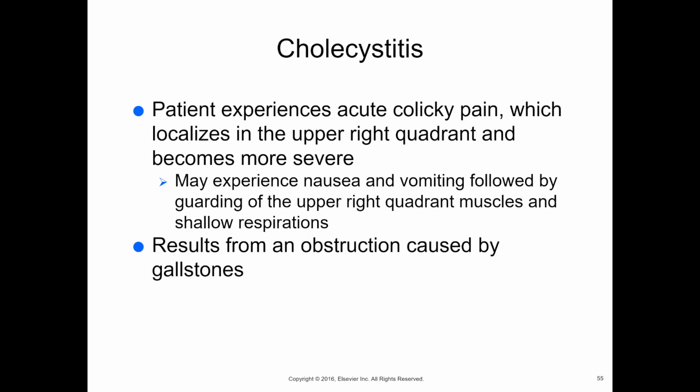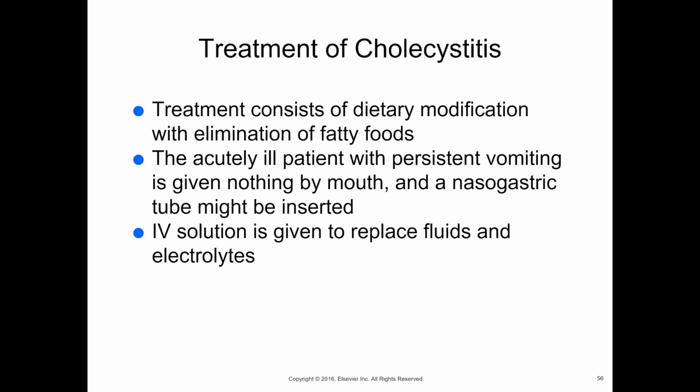And fat in the diet definitely needs to be controlled once the gallbladder is removed, because remember, again, bile dissolves fats. So next, again, cut back on fats. Typically, these people will have the pain shortly after eating.